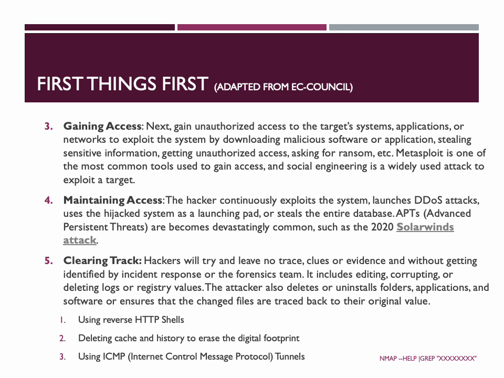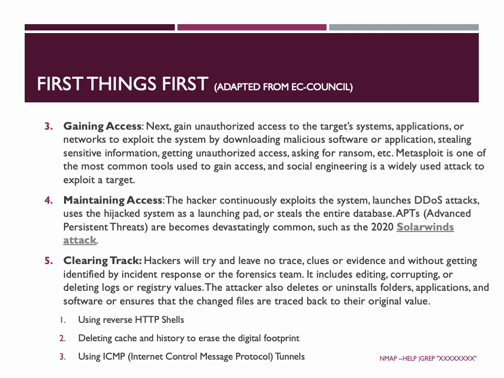Third is gaining access. Once you've figured out what might be open, what hasn't been spotted very well, or what is negligent. Next, you gain unauthorized access to the target systems, applications, or networks to exploit the system by downloading malicious software or applications, stealing sensitive information, getting unauthorized access, asking for ransom.